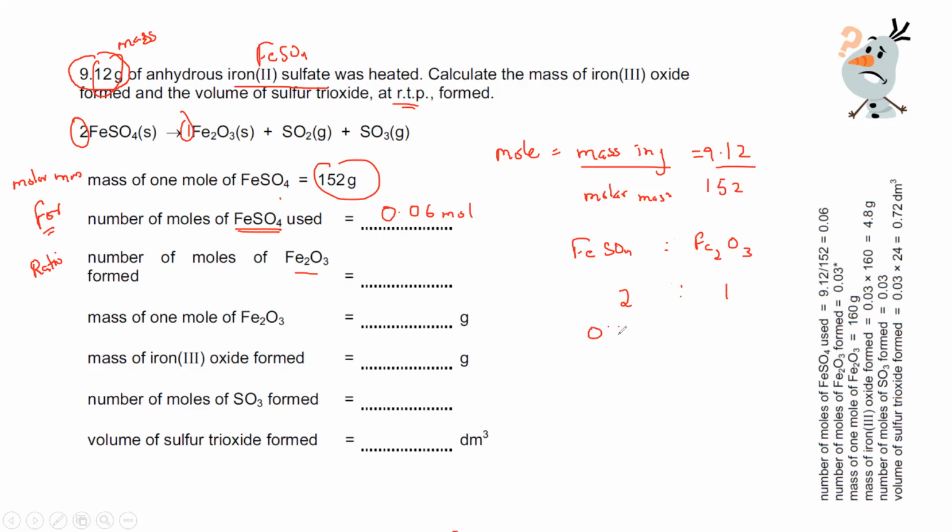So if you have 0.06 moles, then this will be x. Now cross multiply. So 2x equals 0.06. x equals 0.06 divided by 2, that is equal to 0.03. Is it clear, the second part?